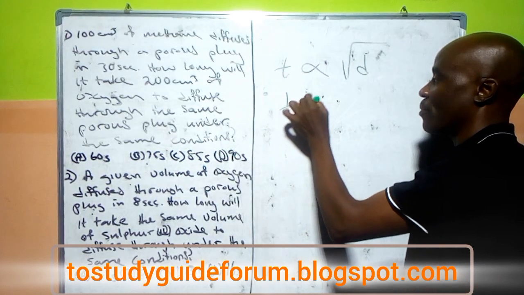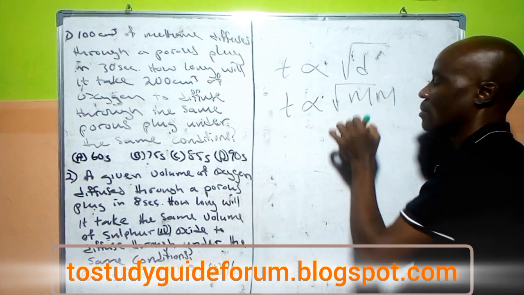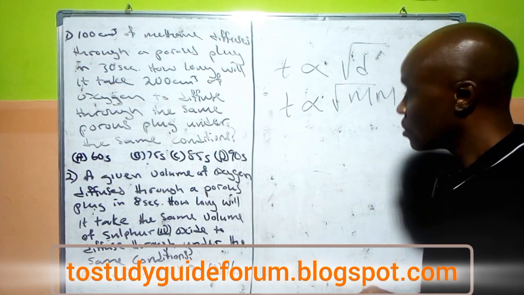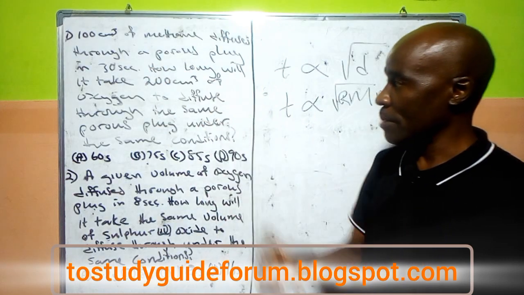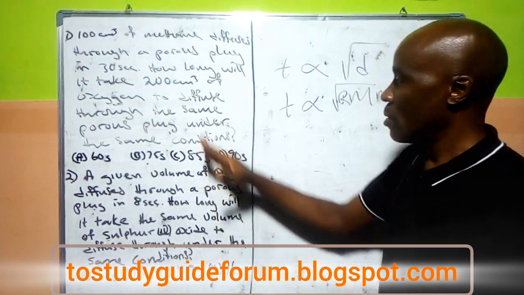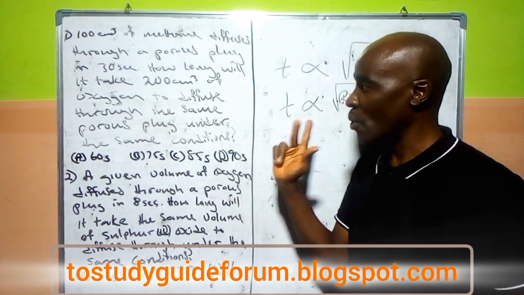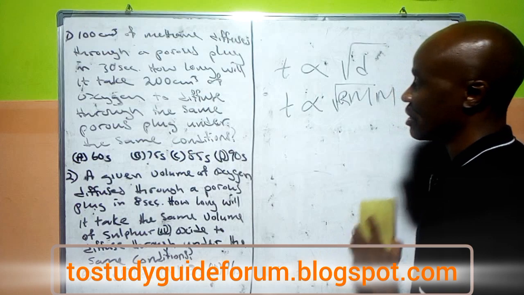Time is also directly proportional to the square root of relative molecular mass. Since we have the volume and we're looking for the time, because the question says how long, the time is what we're interested in.